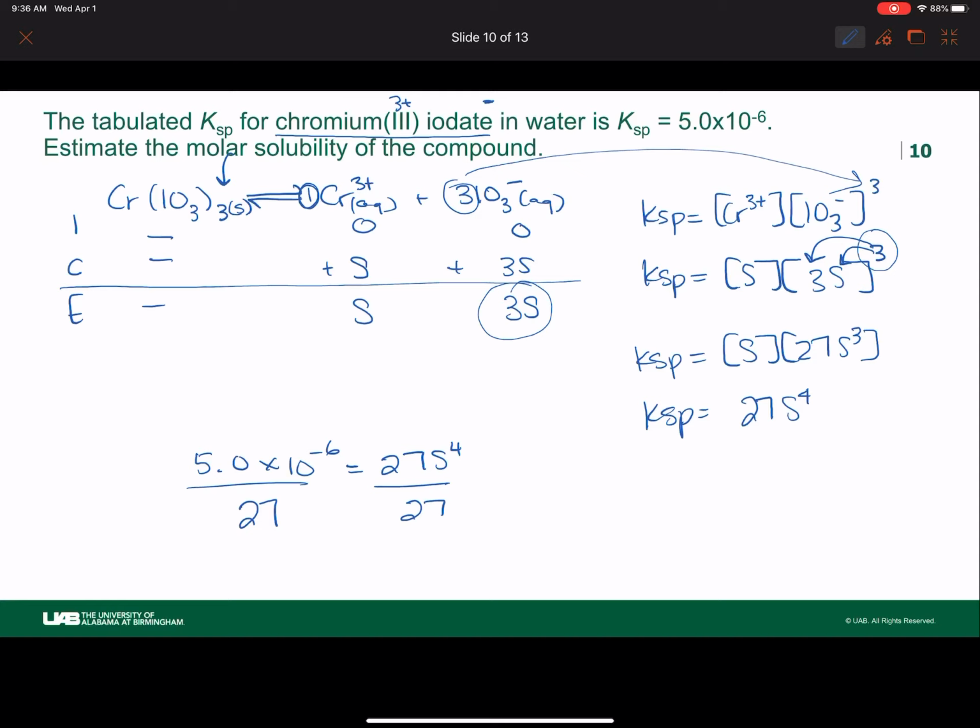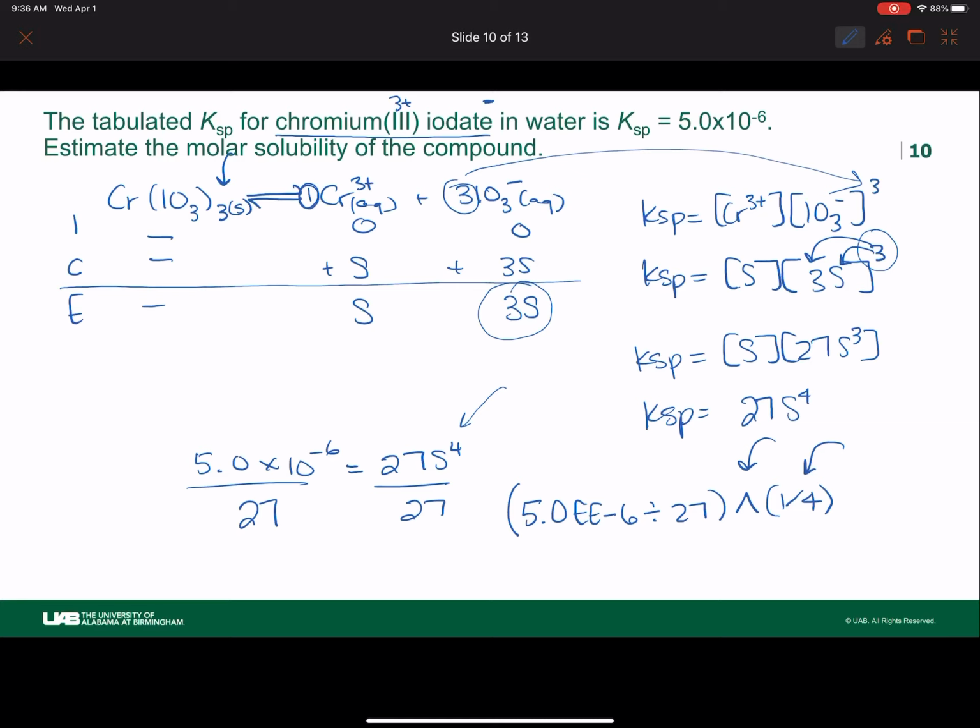In your calculator, what I would type in is 5.0 times 10 to the -6 divided by 27 caret 1/4. So this caret raises it to the 1/4 power, which is what you need to do to get rid of that, not cubed root, but the 4th root.